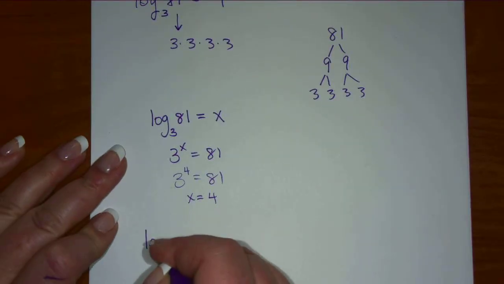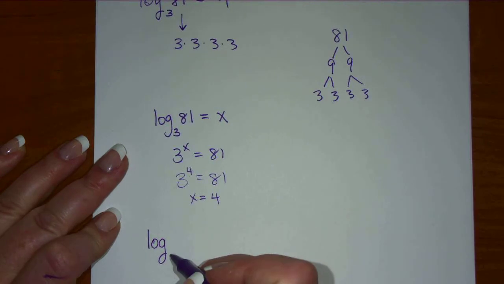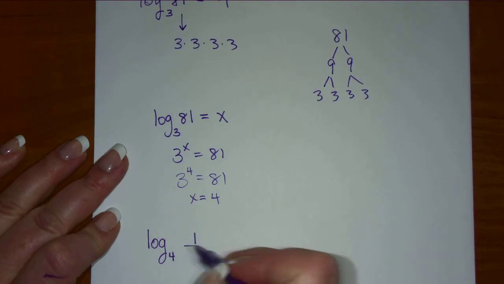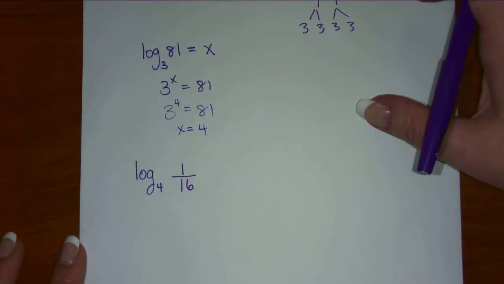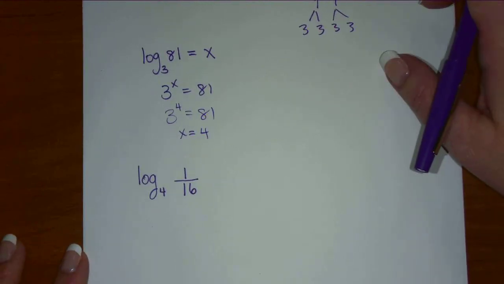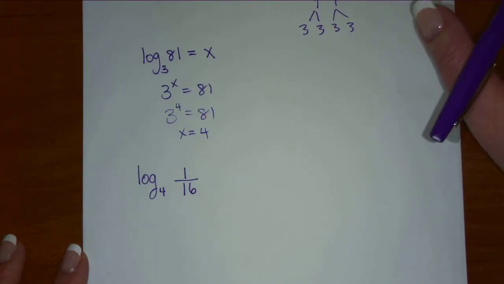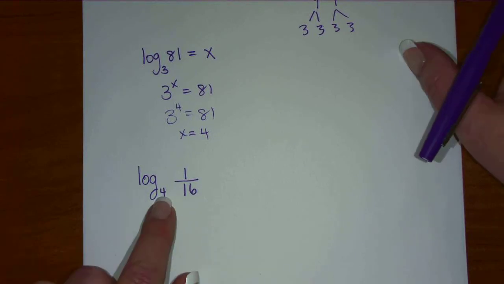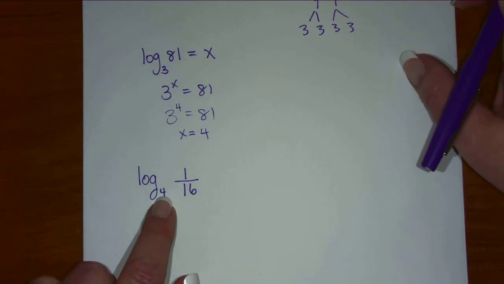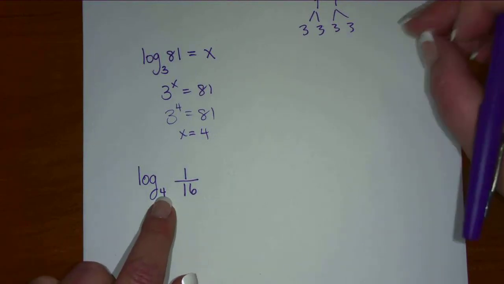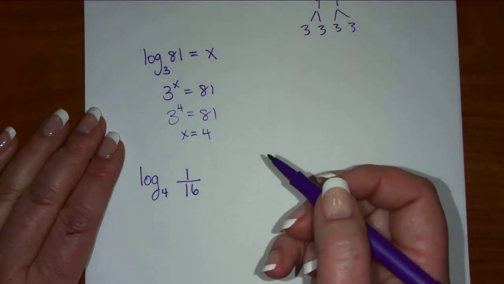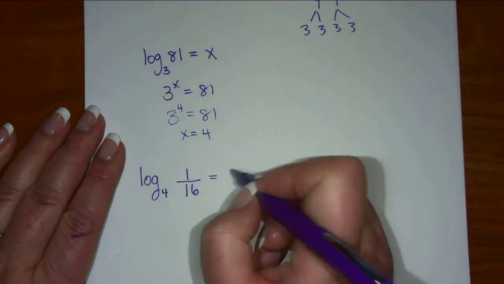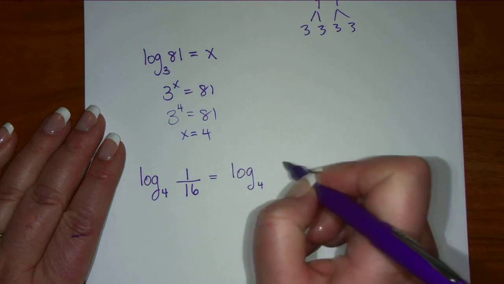What if we had this? Now it has to be a power. So what power does it have to be? A 4, yeah. So we're looking for powers of 4. 4 times 4 times 4. But 16's on the bottom. So what do you think we would do here? 16 is 4 squared. This is not equal to 2.